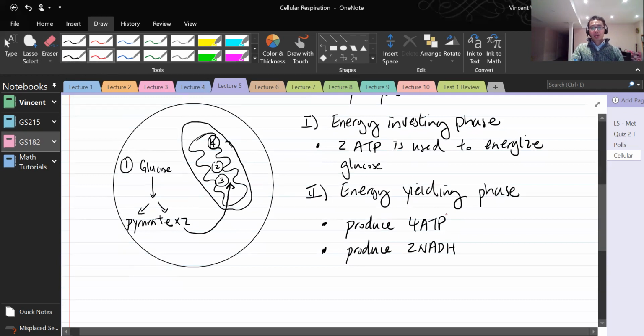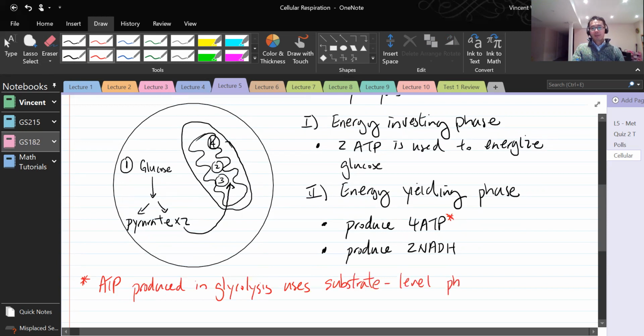Now I'm going to put a little star here. ATPs produced in glycolysis use what we call substrate level phosphorylation.